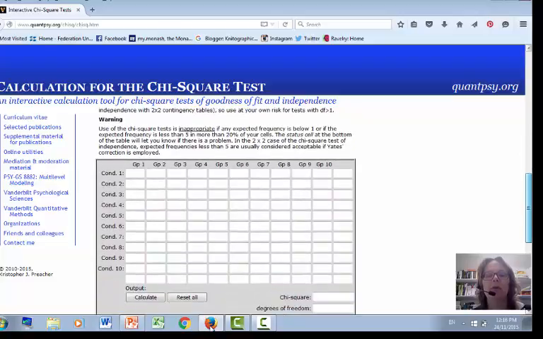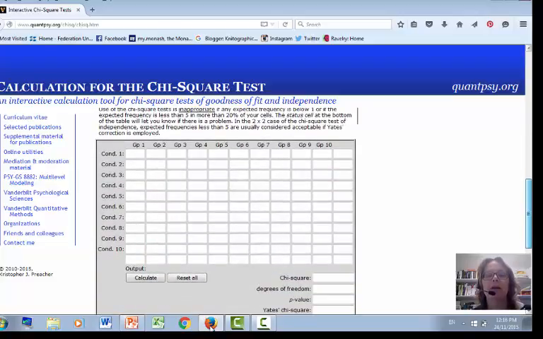So what we've got is a testing grid. I'm essentially going to type in those figures that I had on my slide. So these are my three categories, and these are the positive for schizophrenia, and these are the negative for schizophrenia.